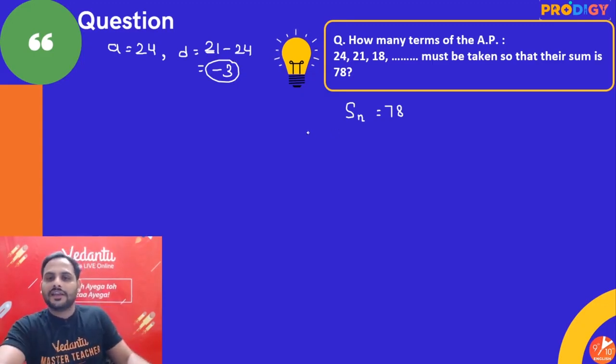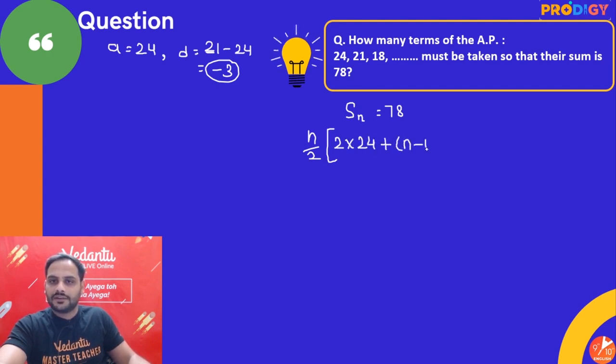So the sum of n terms I can write as n by 2 into 2A, which is 24 into 2, plus n minus 1 into D, which is minus 3, is equal to 78.